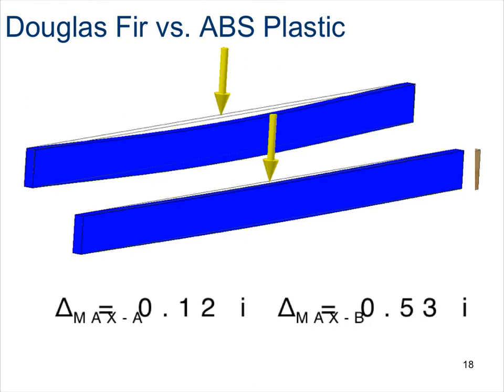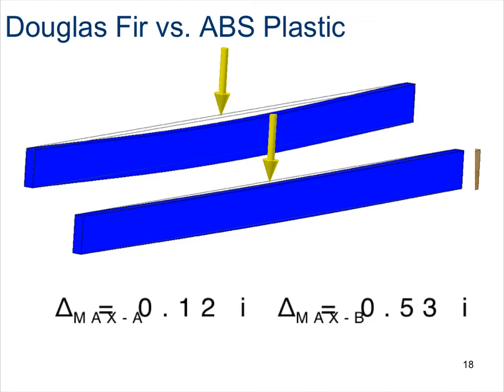So if you compare these two maximum beam deflections for beam A, the wood, and beam B, the plastic, you can see that the maximum deflection of beam B is approximately 4.4 times greater than the maximum deflection of beam A if you do not round the deflection values.